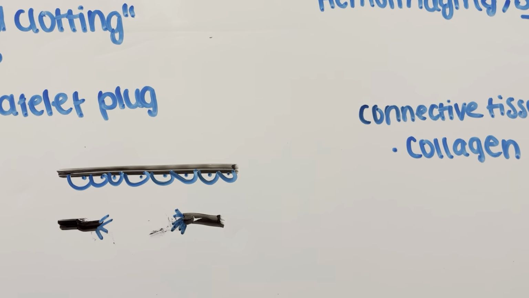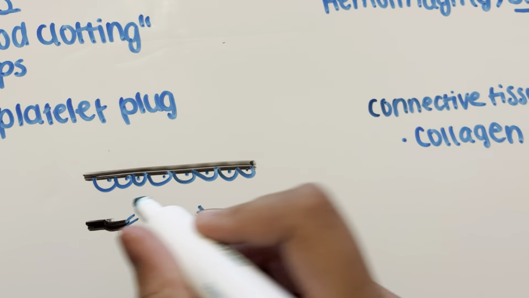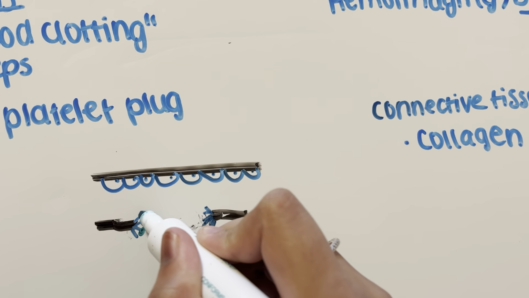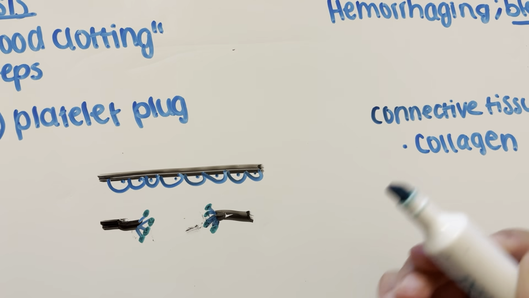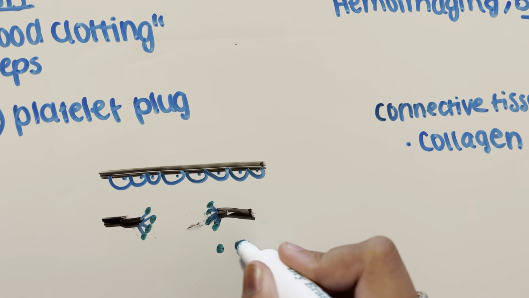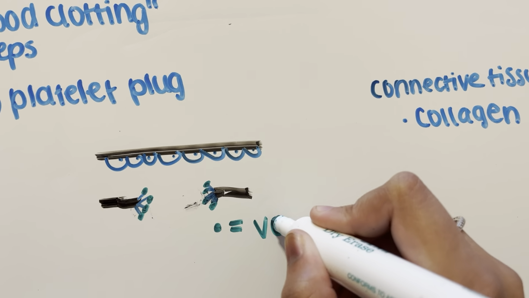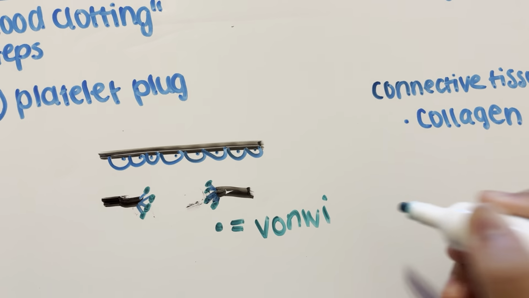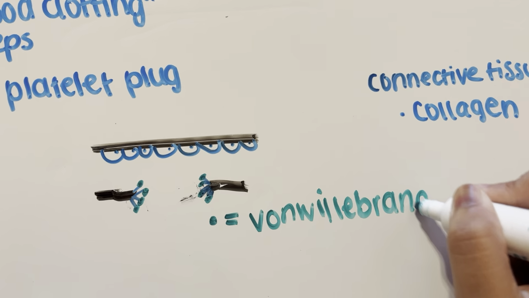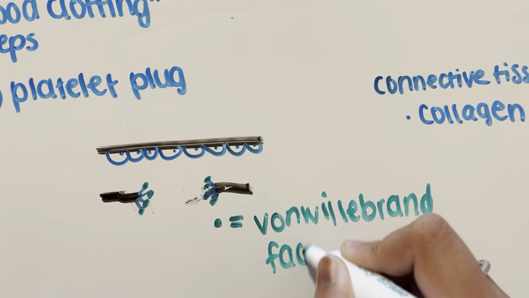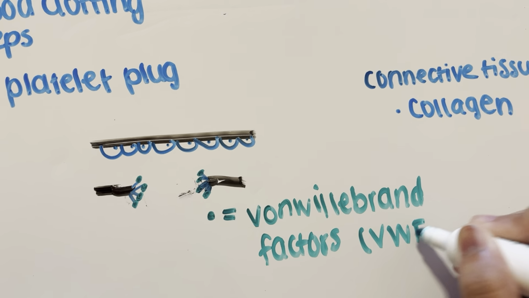And because I have disrupted collagen strands right here, I have something else that is present because you can visibly see it. And these little dots right here are called my von Willebrand factors, or my VWFs.